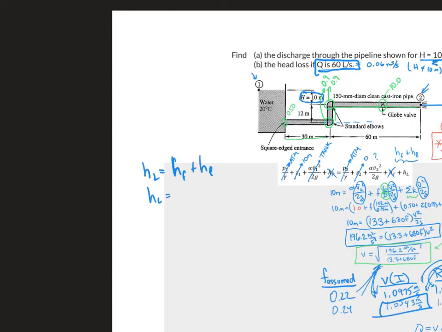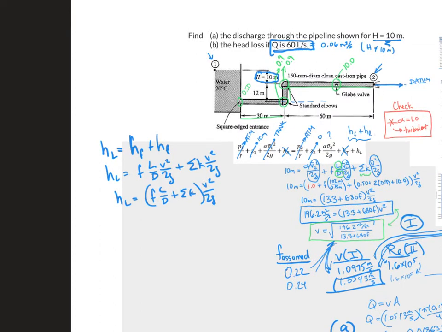So algebraically, we can use Darcy-Weisbach for the friction losses, and for the minor losses, we're just going to use the coefficients of loss from the chart in the book, or whatever chart you want to use. Considering those are the same velocities, because it's just one pipe, we will go ahead and separate that out, and luckily, we can work with that.